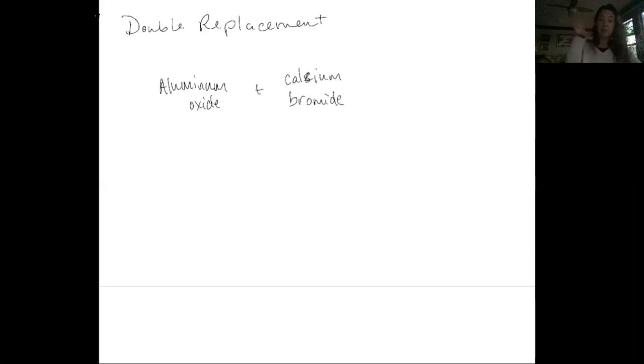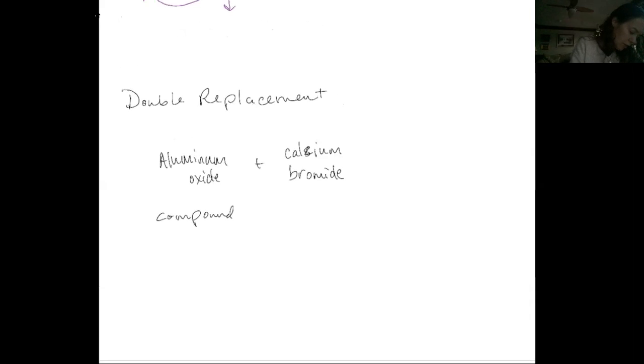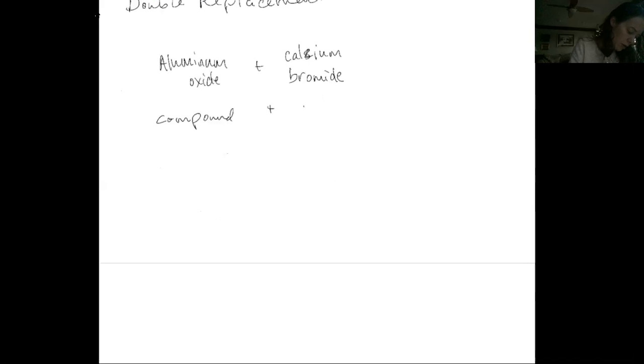Okay, all right. So what we see is we have a compound. These are examples. So a compound plus a compound, right? So we've learned that that's a double replacement reaction, right? We just wrote that. You don't need to write this again.